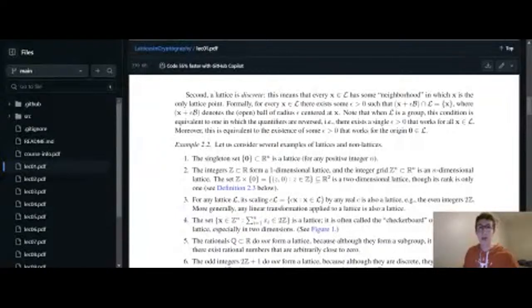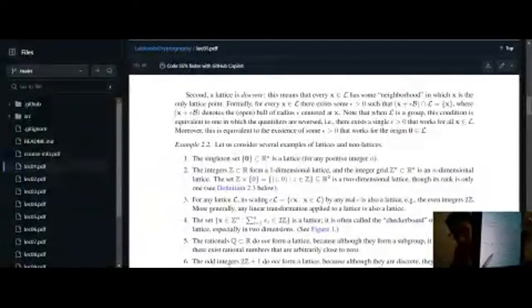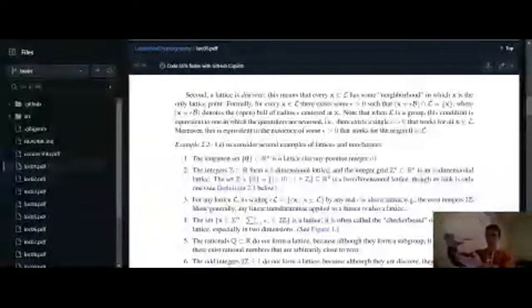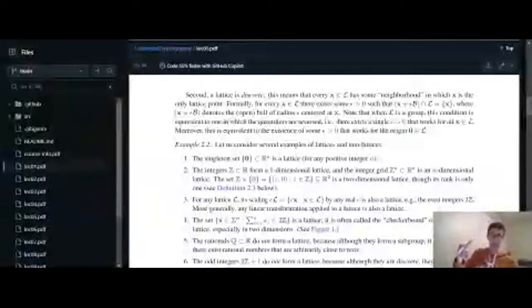So the math doesn't really make much sense, but the concept makes some sense. You can see here in the bottom picture, there's a little circle. If you take that example of the lattice being a cross in a 2D plane, pick the top point of the cross and draw a circle around it.